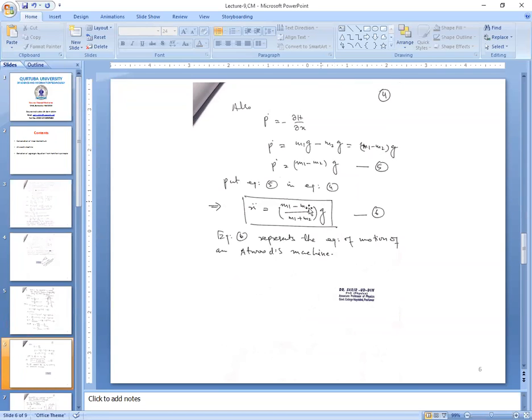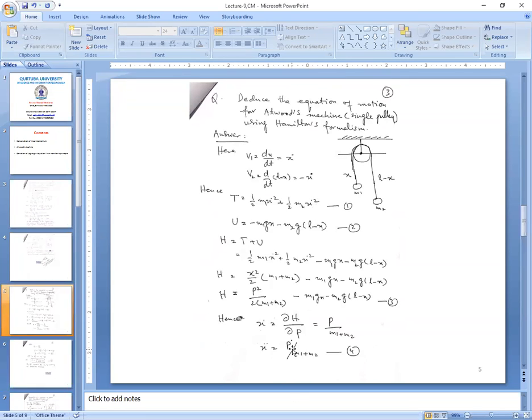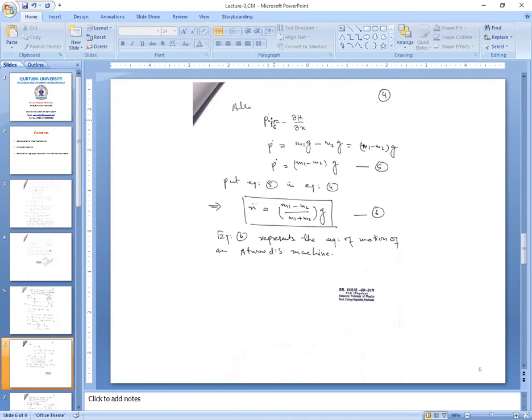If we compare equation number 5 and equation number 4, there is a p dot in this equation and also p dot in equation number 5. Comparing both, it gives x double dot is equal to m1 minus m2 divided by m1 plus m2 into g. So x double dot is basically the acceleration of the system, and it depends on the magnitude of the masses. If m1 is equal to m2, this term becomes 0, and in fact the acceleration becomes 0.